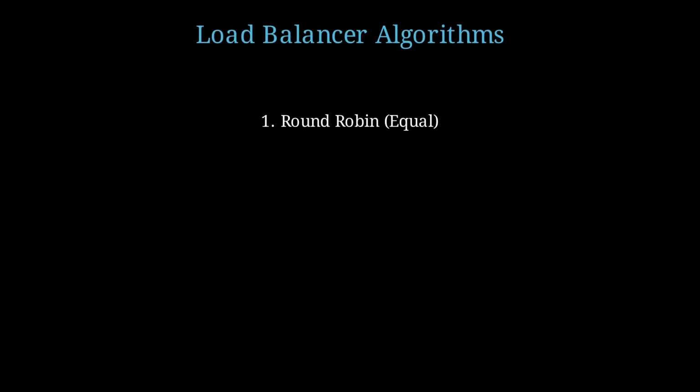What would round robin do? The round robin algorithm distributes requests equally. What will least connection do?